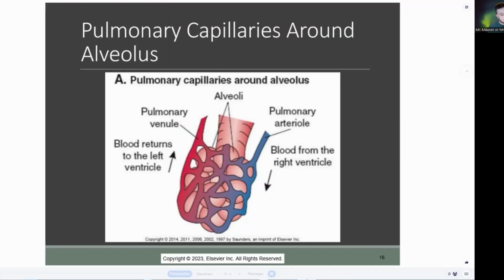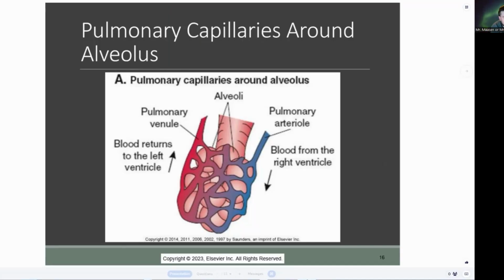And this is just a diagram to show you the pulmonary capillaries around a single alveolus. Alveoli is technically plural, but I might say it as singular sometimes. One single one of the millions of alveoli in your lungs, you would call an alveolus. Does that really matter? No, but that's why it says that, so you're not confused.